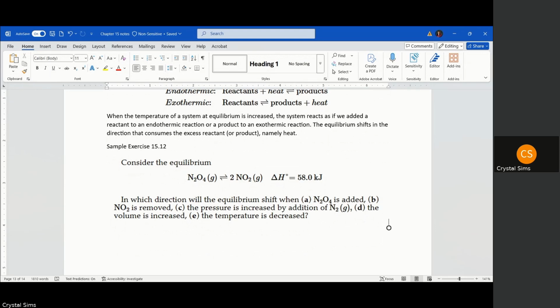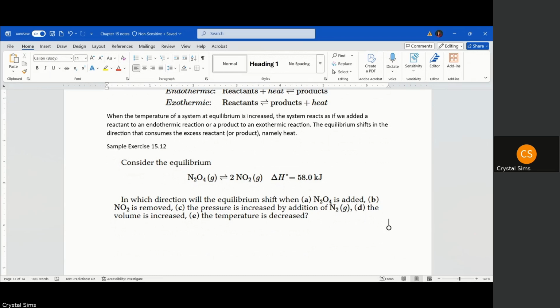So if we look at that reaction, we see that N2O4 is a reactant. So if we add more reactant, then the equilibrium shifts to the right, in the direction of the product.